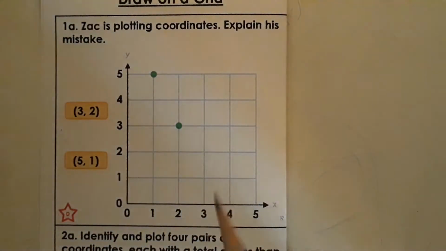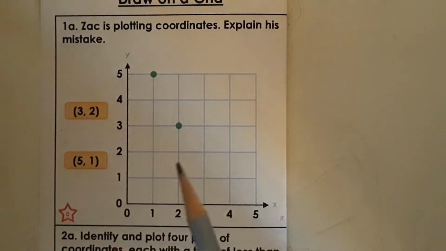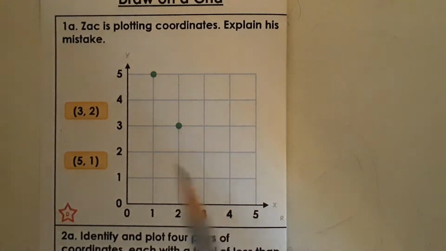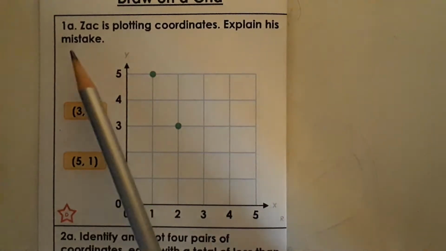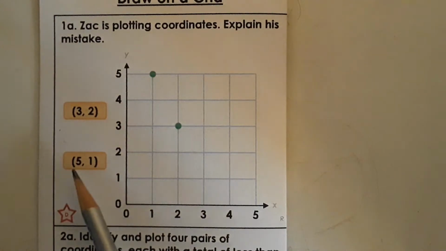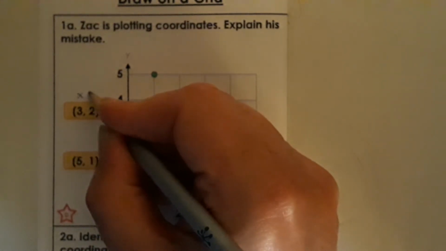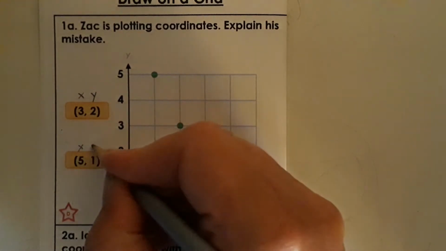Right, so we know we're on our reasoning and problem solving. You should know RTQ, read the question, ATQ, answer the question. So 1A, Zach is plotting coordinates, explain his mistake. We've got coordinates 3, 2, 5, 1, and it comes down to your understanding from yesterday that this is the X value and this is the Y value, always X first.